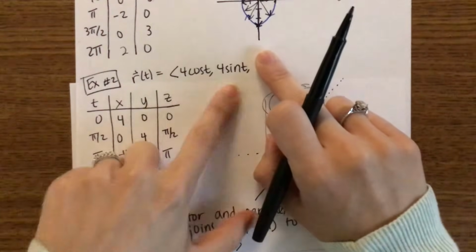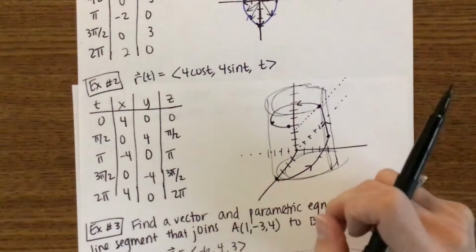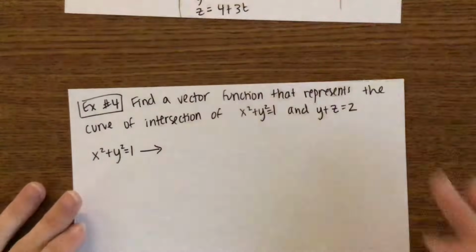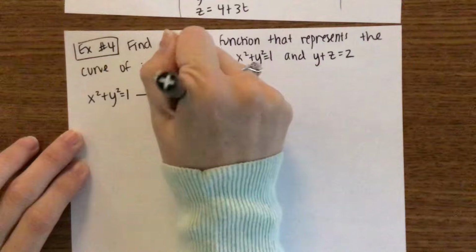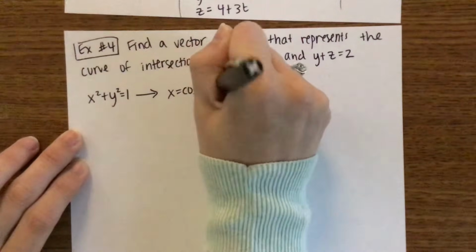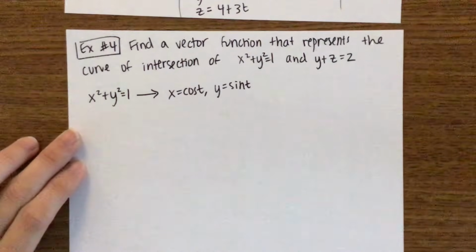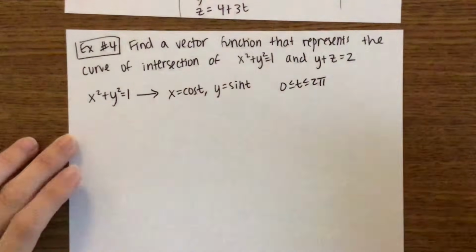Yeah. Remember how we talked about this as a circle? When you put the t in, though, it makes the circle open up. It's not really a circle anymore, but that's the idea. Okay, so for example 4 then, x is going to be cosine t. Y is going to be sine of t. Parametrically, that'll give us a circle. T is going to be between 0 and 2 pi.